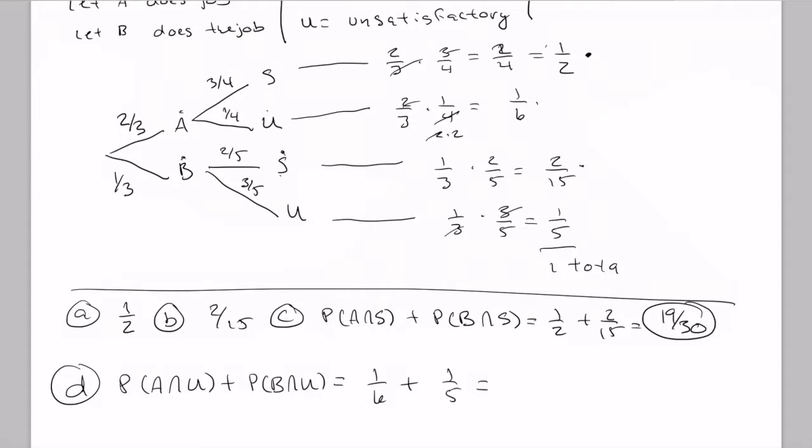D is 6 plus 5 over 30, which is 11 over 30.